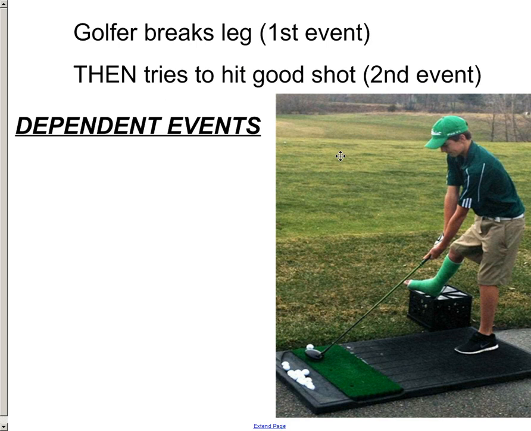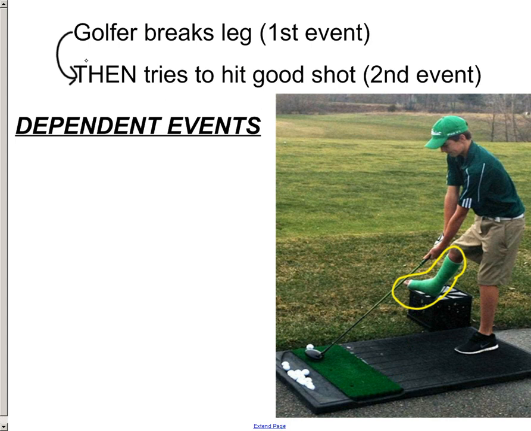This would be more dependent. What if the golfer broke his leg, and you can see this person's got their leg in a cast right there? That event is absolutely going to affect how well their shot's going to go because he can't even put his foot down on the ground. So dependent events are where the first event affects the second event.